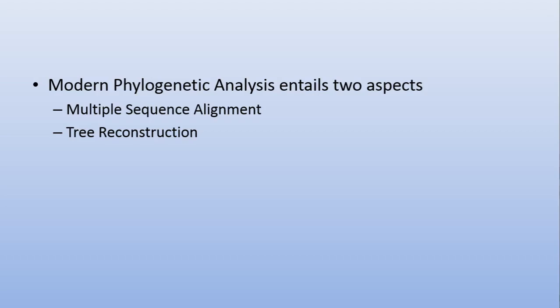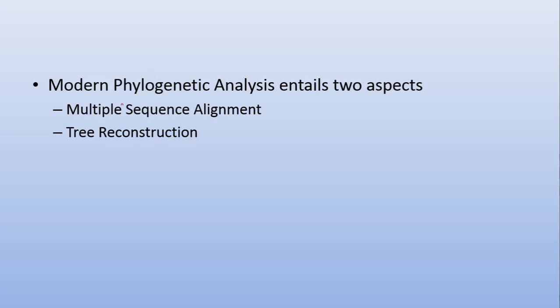Okay, so to begin with, modern phylogenetic analysis has two aspects. The first aspect would be generating an effective multiple sequence alignment of a given set of sequences, and these sequences can be protein sequences or nucleotide sequences as such.